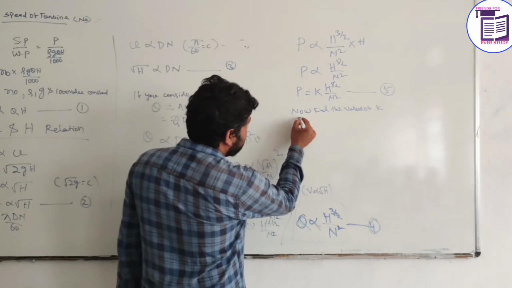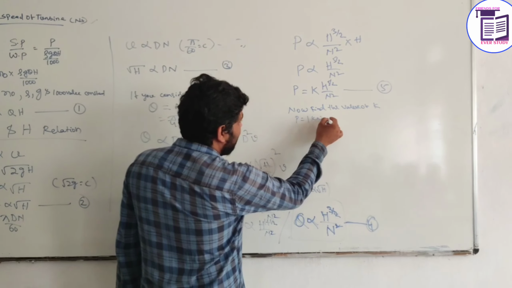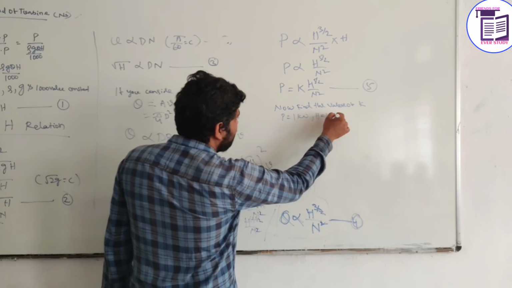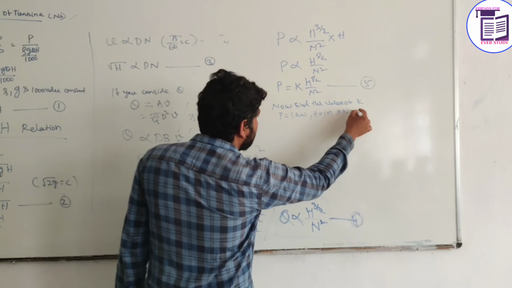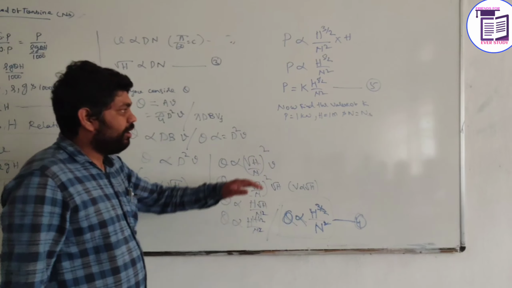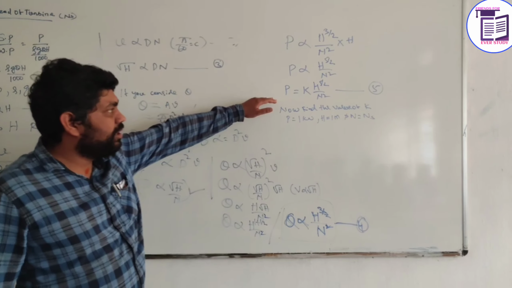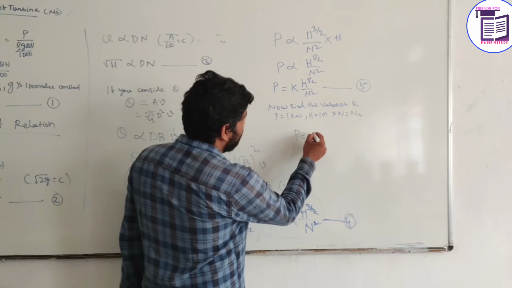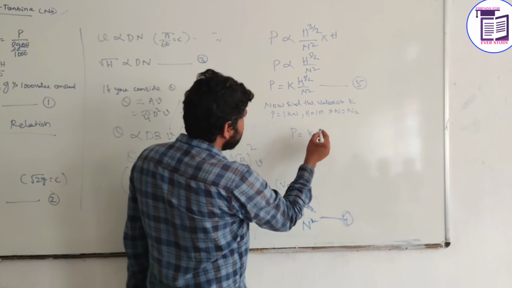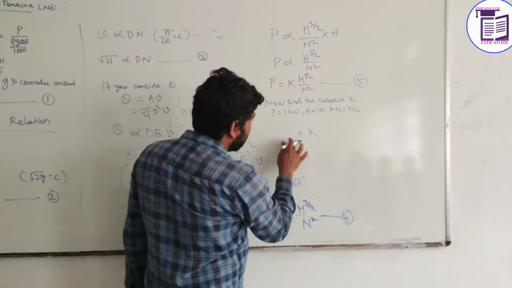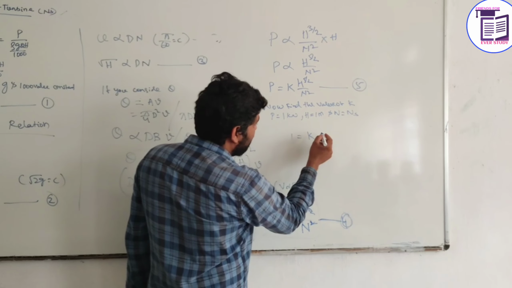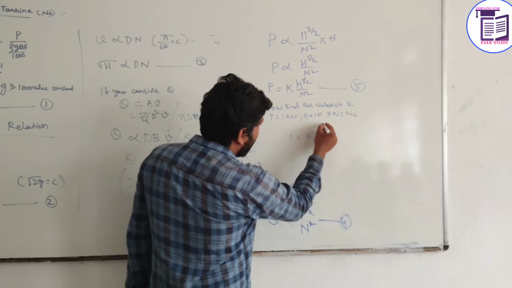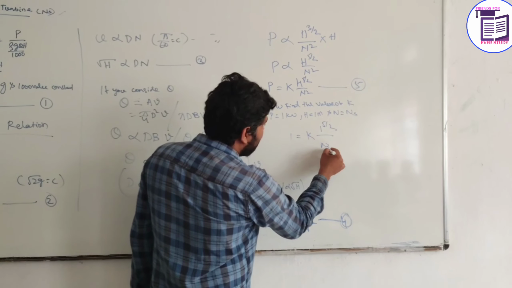Consider P is equal to 1 kilowatt, h is equal to 1 meter, and n is equal to some specific speed ns. Now putting the values in equation number 5, 1 kilowatt is equal to k times 1 to the power 5 by 2 by ns square.